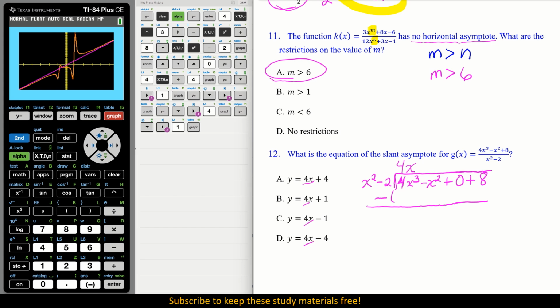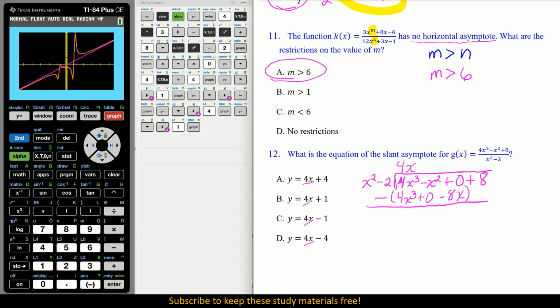Okay, let's follow through. So we have 4x to the third, great. And then we multiply 4x times minus 2. We need a placeholder under x squared. Oops. And then we will have a minus 8x.